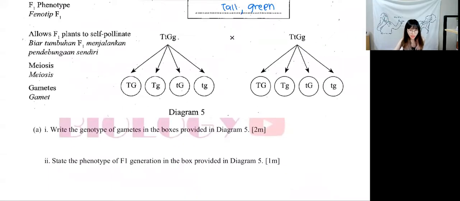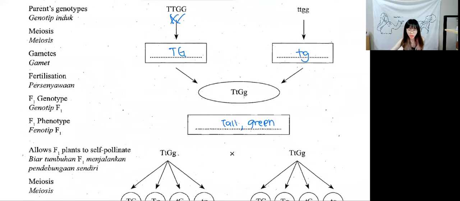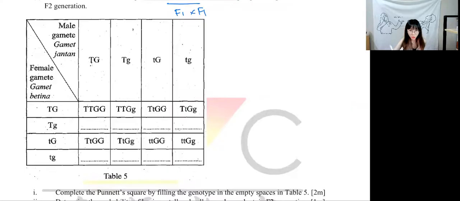What you need to do next is A1, we have to answer. A2, we also have to answer because we have written over in the question already. They ask you, table 5 shows the Punnett square of a self-cross between F1 generation to form F2 generation. Again, self-cross means what? F1 times F1. You get the answer over here. And they ask you to fill in the blanks.